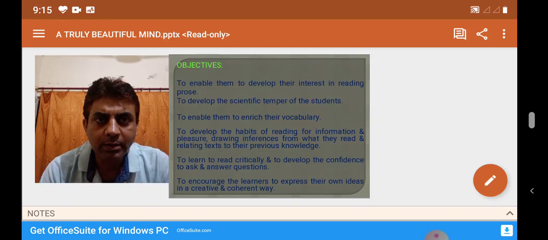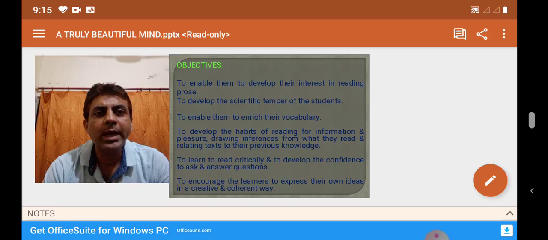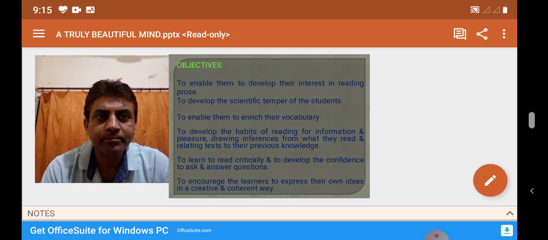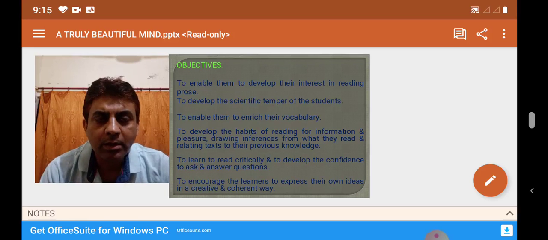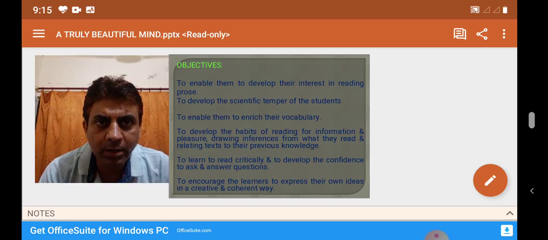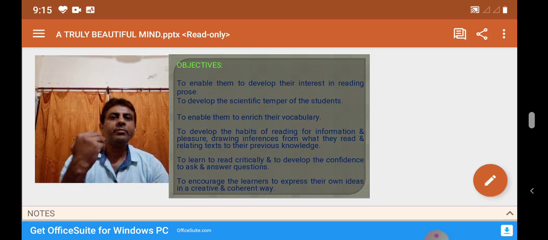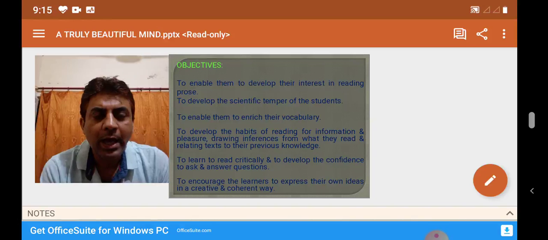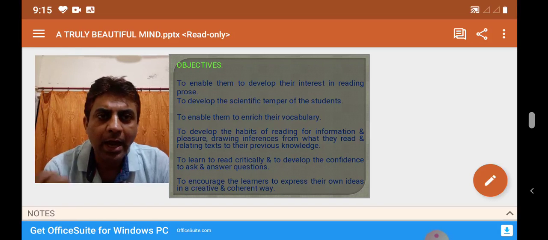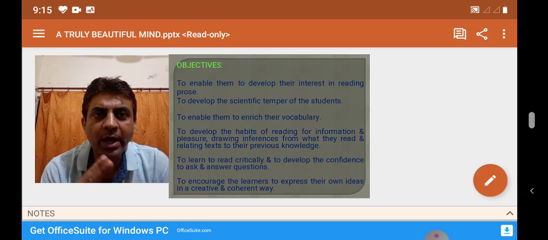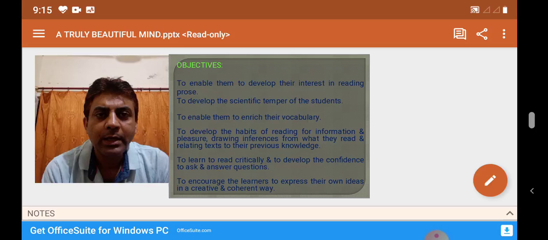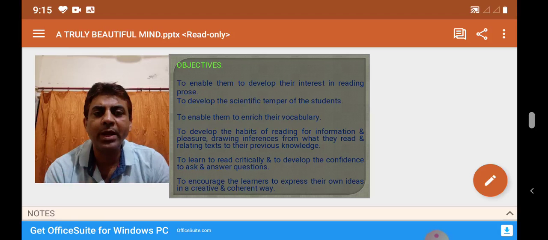So the next objective is to increase your vocabulary, and it's our objective to develop in you the ability and the confidence so that you can ask and answer the questions put to you, or you can freely express your own ideas in an innovative and logical way.